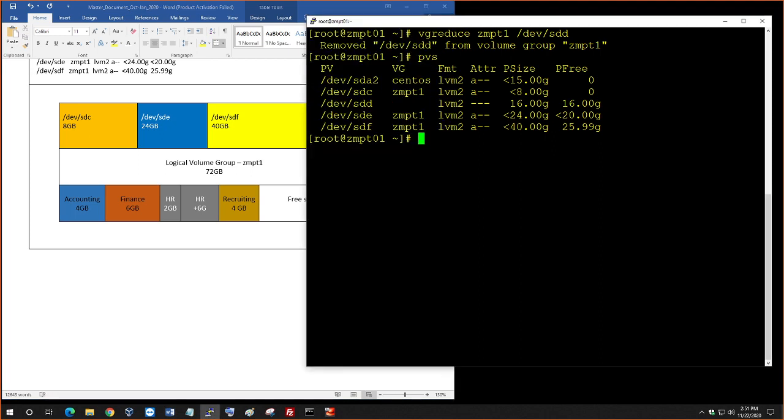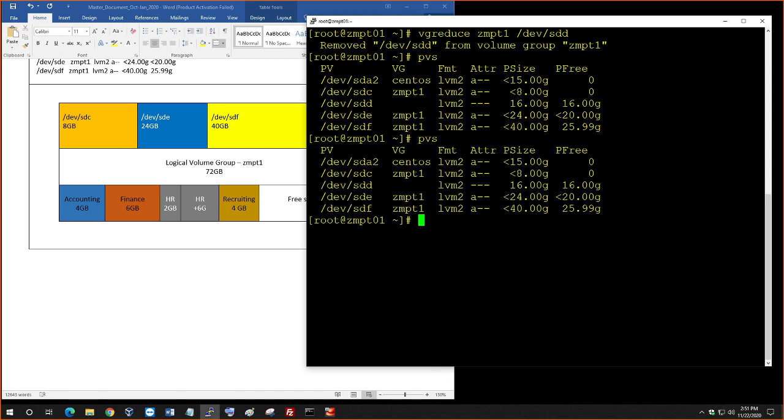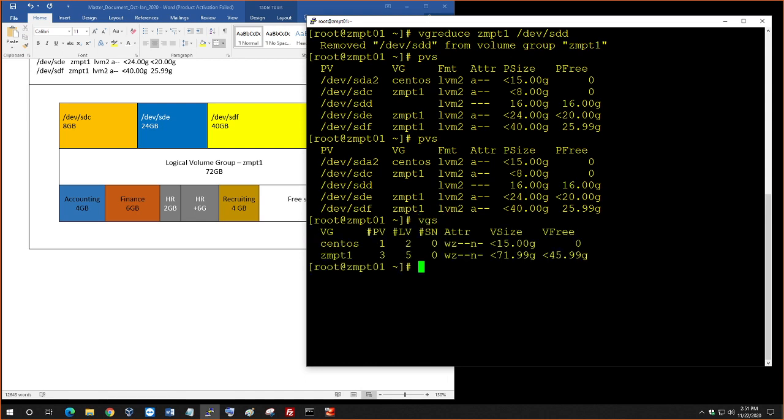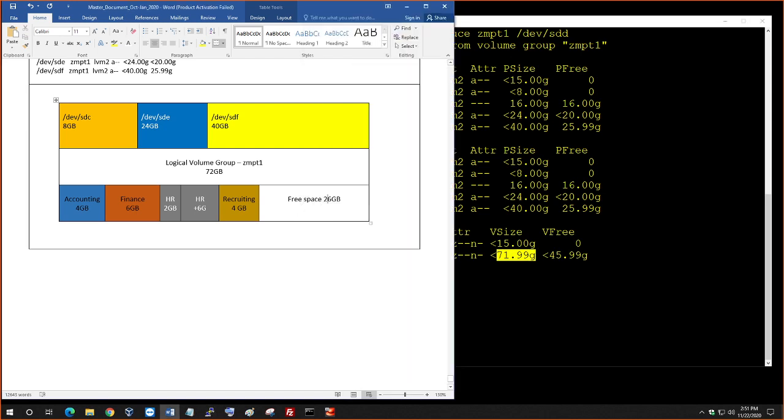Okay, and let's do here PVS. No, VGS. So it is 72 GB and then 46 GB is free. Free space is 46 GB.